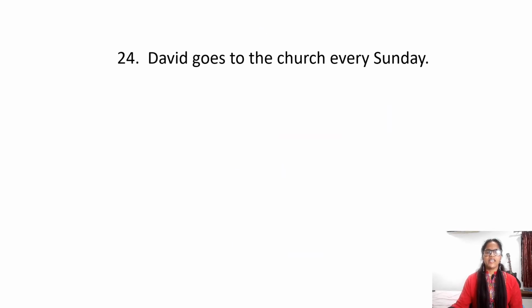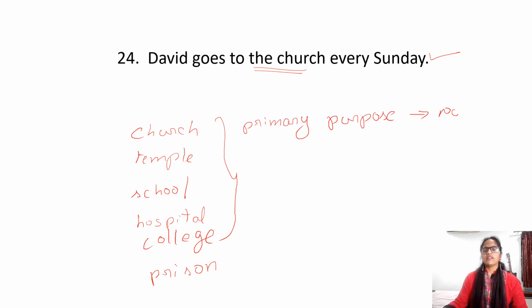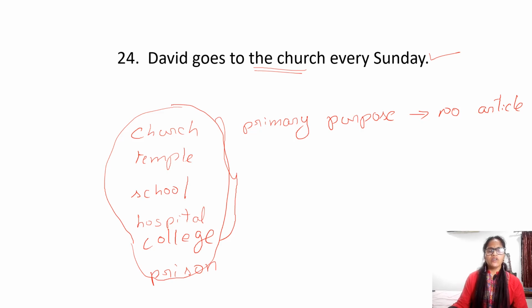Next question. David goes to the church every Sunday. Words like church, temple, school, hospital, college, prison, when these are used for their primary purpose, article is not used. You can use article before these words if you are talking about something specific, right? Yesterday, I went to a church.